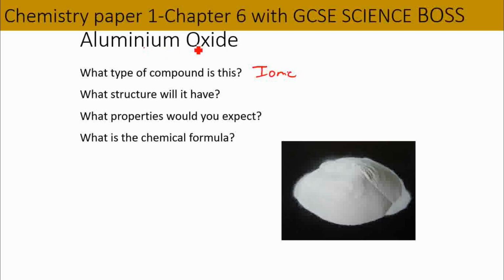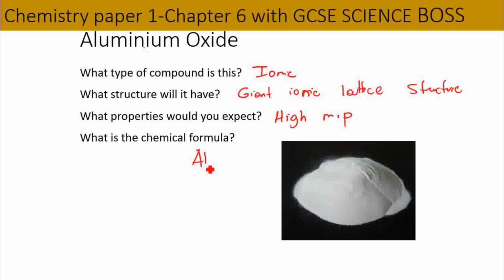Because it's a metal bonded with a non-metal, which therefore means it's going to have a giant ionic lattice structure, which means you're expecting it to have a very high melting point. The melting point is going to be extremely high, and the formula is Al2O3.